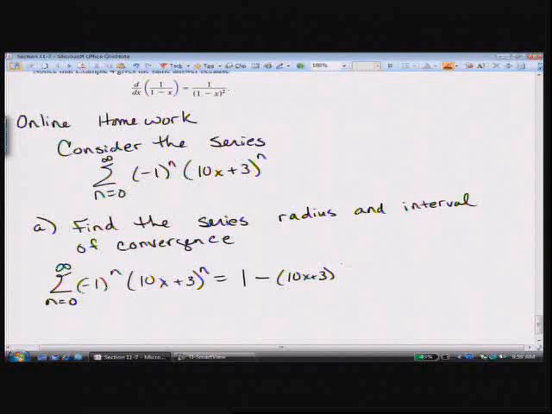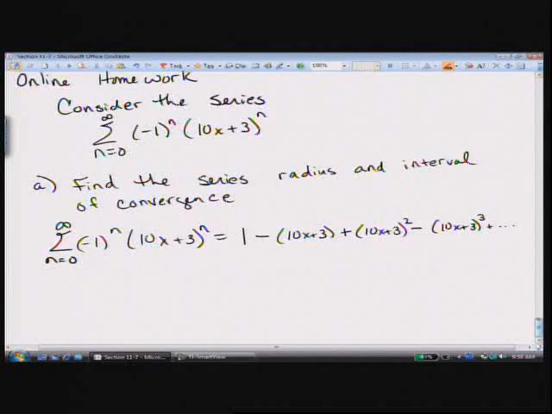And when n is 2, you'll have a plus, and it'll be 10x plus 3 squared. And when n is 3, then you'll have 10x plus 3 cubed. Oh, but it'll be a minus, yes. And we'll be alternating. Good. Okay, and so then that will be the pattern.